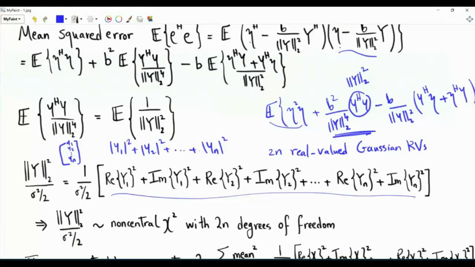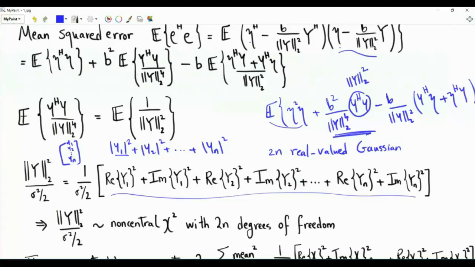Now, if we divide vector Y by sigma squared over 2, then each of those is divided by sigma squared over 2, and each one of those will now have a variance of unity. Why is this the case? Note that vector Y is Gaussian and circularly symmetric, so each component in Y has a variance sigma squared.